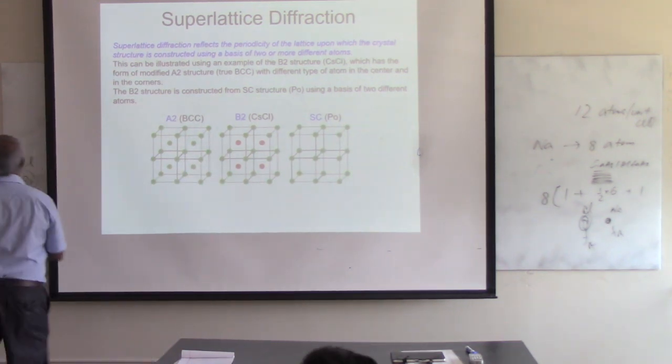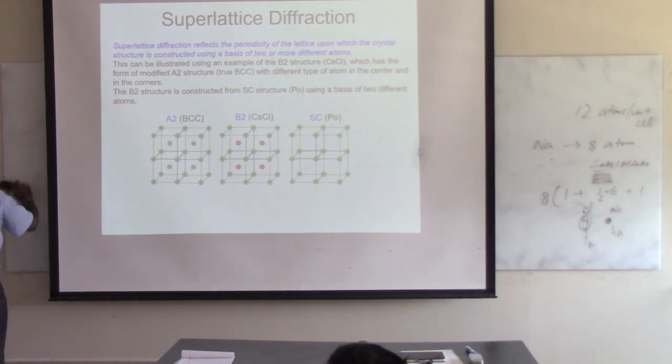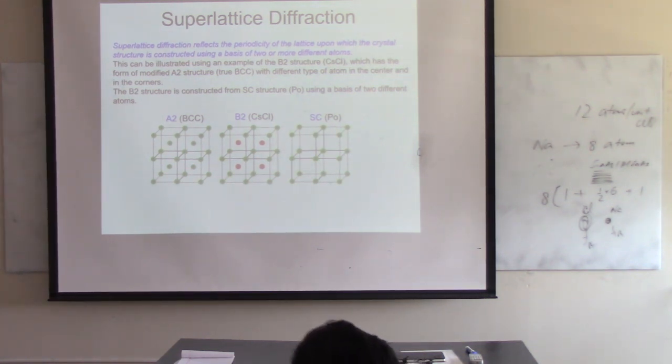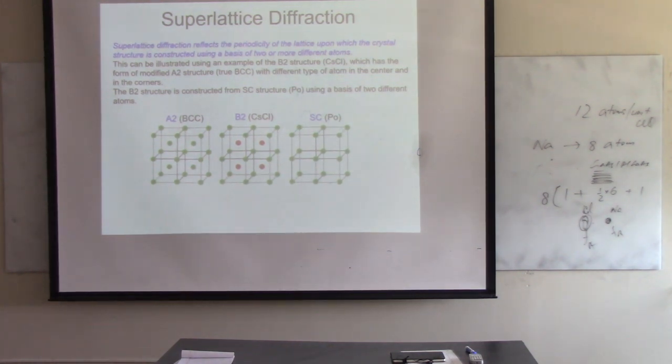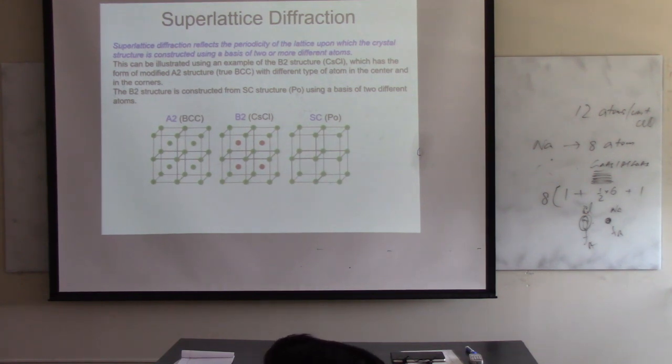So please remember, if anybody wants to follow this notation, typically any FCC structure that has the same atoms is called an A1 structure. But if you have a sodium chloride structure, there are two different atoms, right?